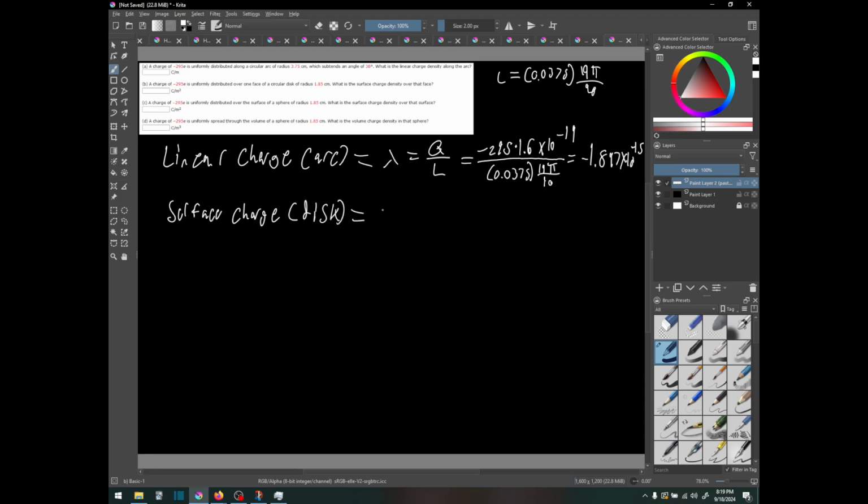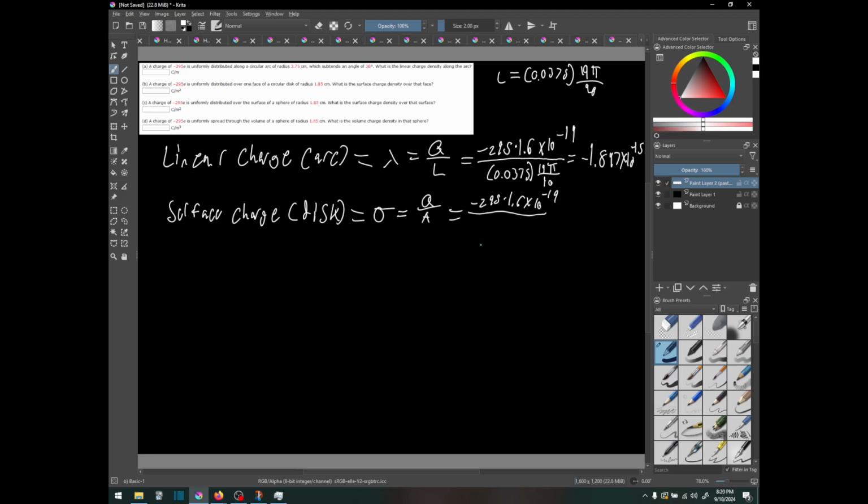And this is going to equal this squiggle here, which is going to be Q over A. Another very long one of those. Top's going to be Q, so 295 times 1.6 times 10 to the negative 19th.